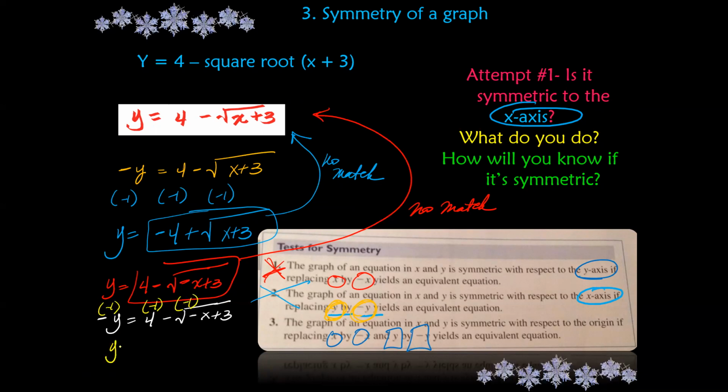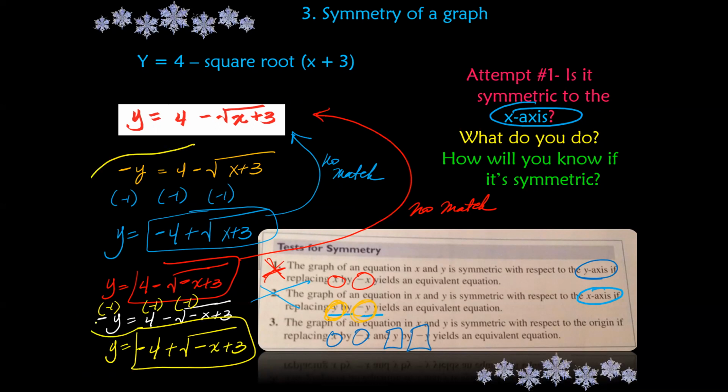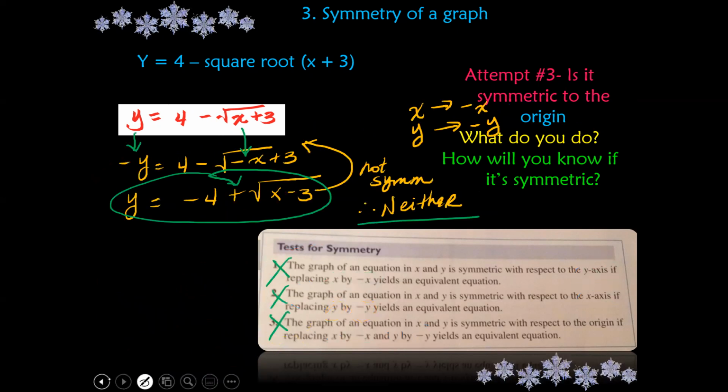So I have a positive y equals negative 4 plus the square root of negative x plus 3. So as I look at this, is this the same as the original? Nope. So I can't say that this is symmetric to anything. So then it's just not symmetric, and therefore it is neither.